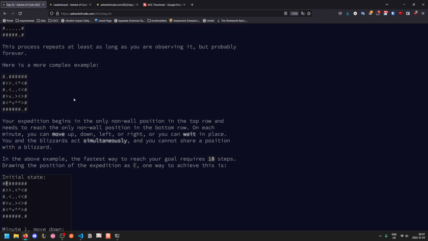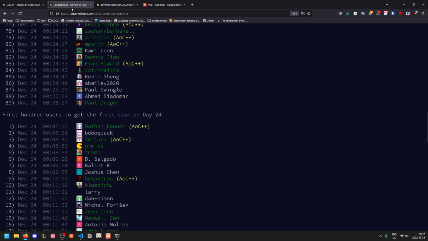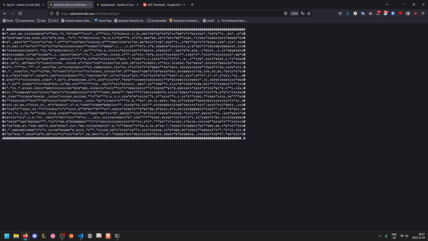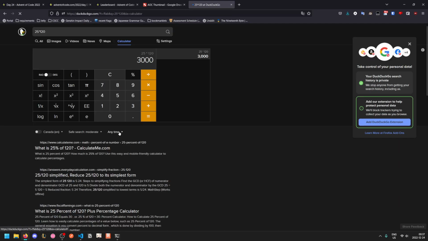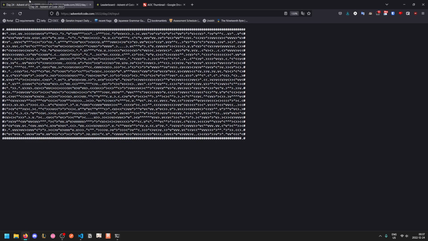So that essentially lets us cut our total states in half, which doesn't seem all that important, but when we look at the actual input, this input is 120 wide and 25 tall. And so if we take 25 and 120 and multiply them together, we get 3000. But their LCM is only 600. So we can cut down our states 5-fold, which becomes quite impactful over the long run.